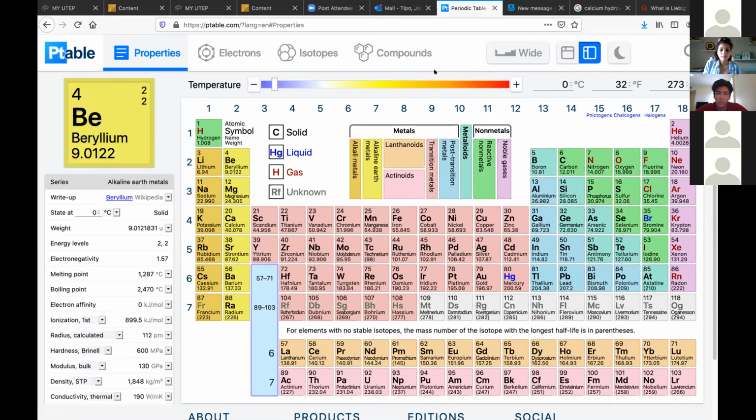Another notation you can look at is 1s2, 2s2, 2p6, and remember 3s2, 3p6, 4s2, and then 3d10.